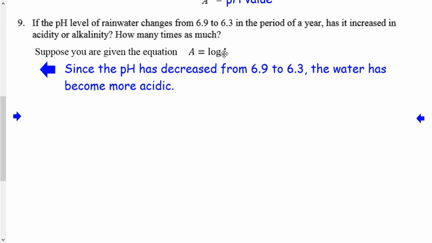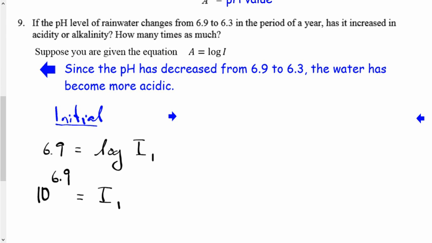Imagine this is our equation that we're looking at as we come up with our equation to solve this problem. Here's the initial situation. We have a pH number of 6.9, and we don't know what our hydrogen ion concentration is. But we could rewrite this in exponential form.